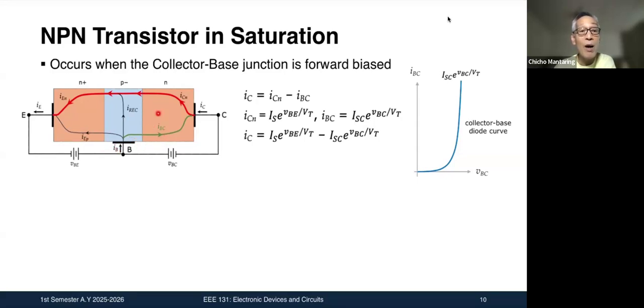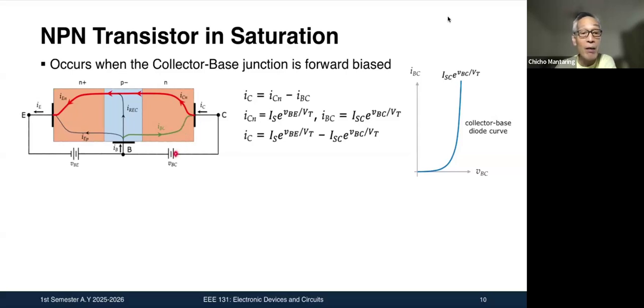But now, in saturation, both the emitter-base junction and the collector-base junction are forward biased. Earlier, this was VCB, the voltage from the collector to base. Now it is VBC, the voltage from the base to collector, positive to negative.